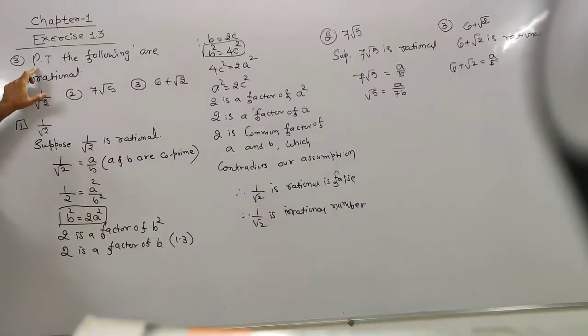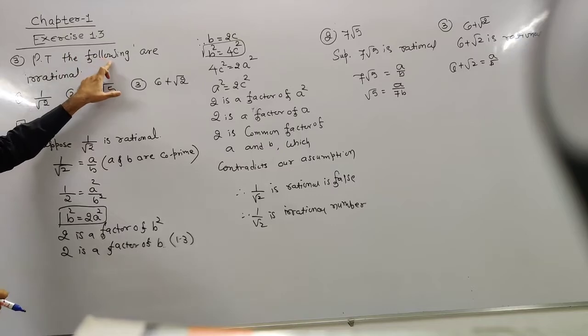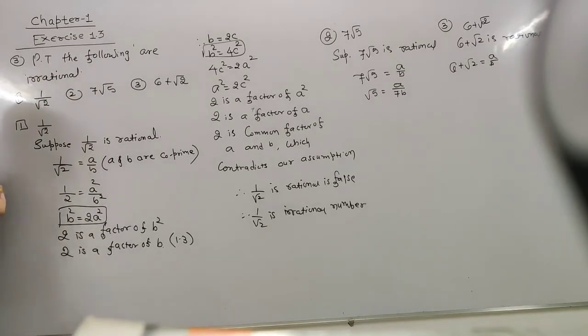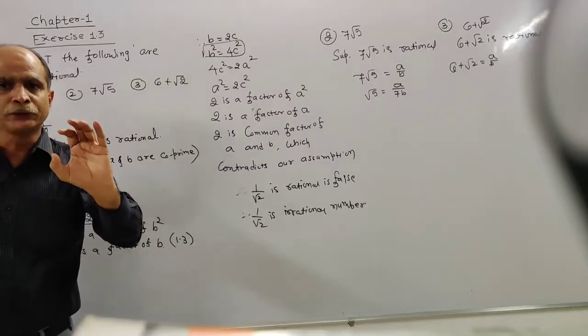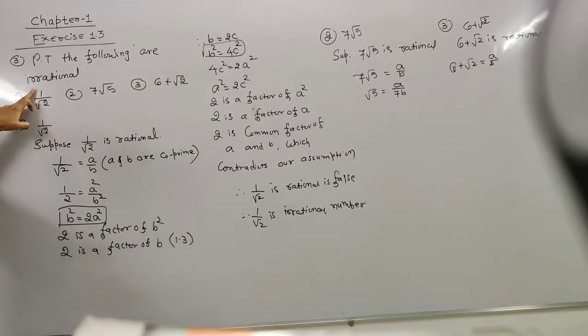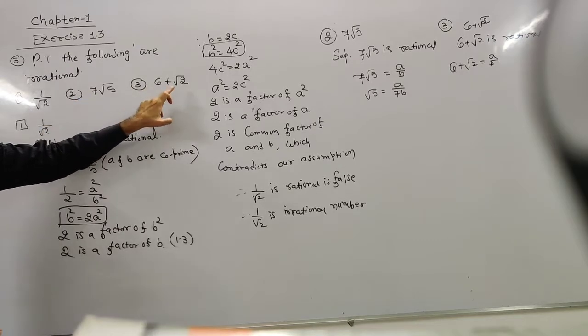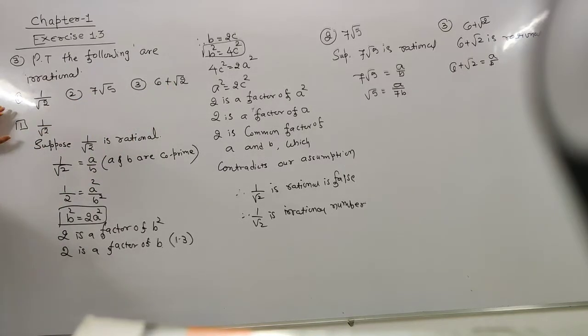Now let me start example number 3. Prove that the following are irrational numbers. 3 examples are given to you in this question: 1 upon root 2, 7 root 5, and 6 plus root 2. Well, let me take the first example, 1 upon root 2.